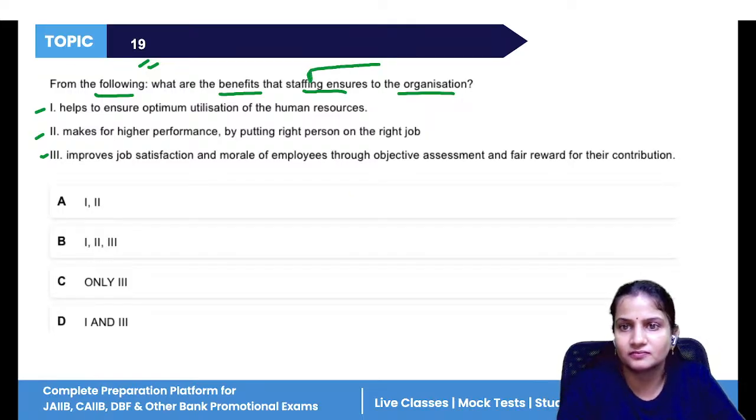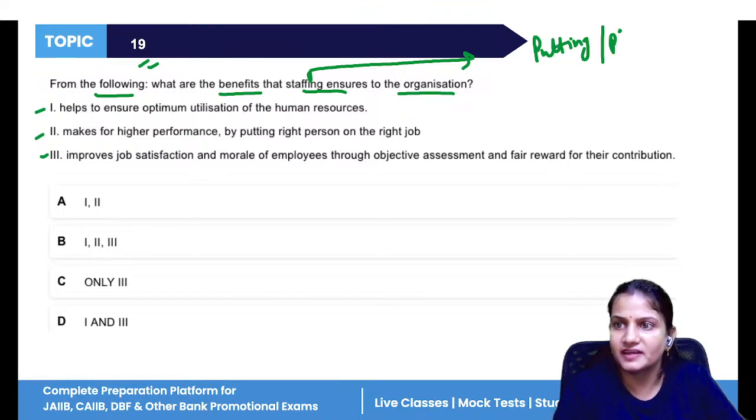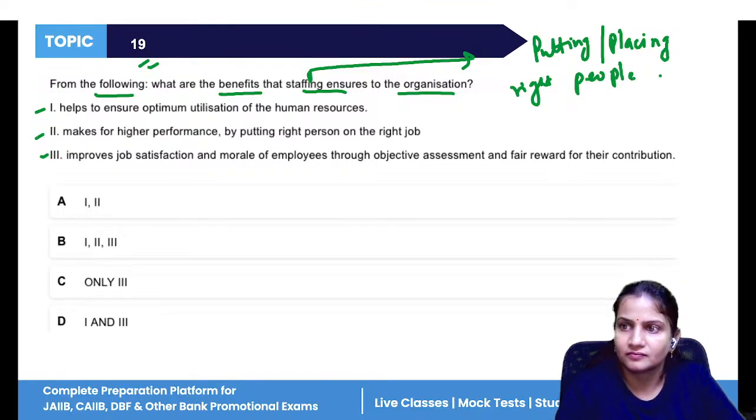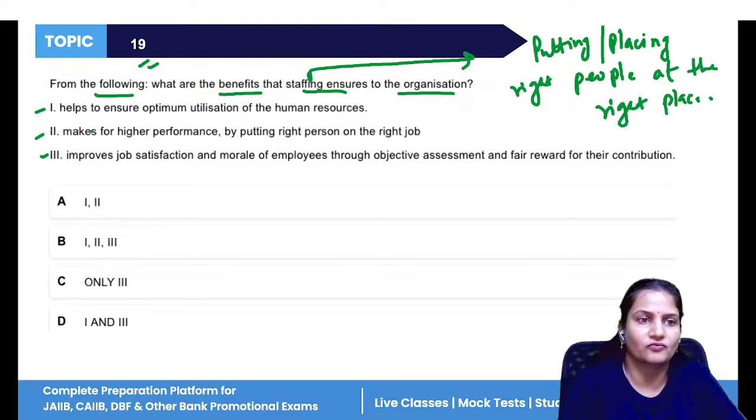Staffing means putting the right people at the right place. This is staffing. Now, what does it ensure?